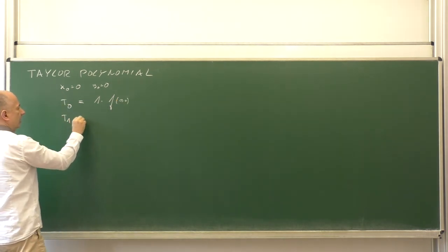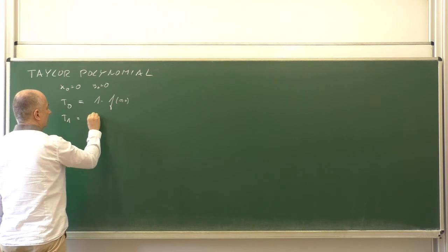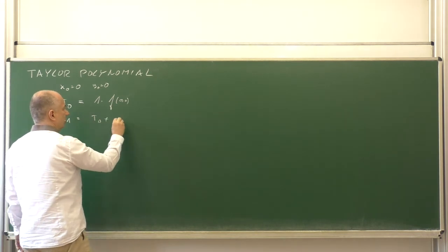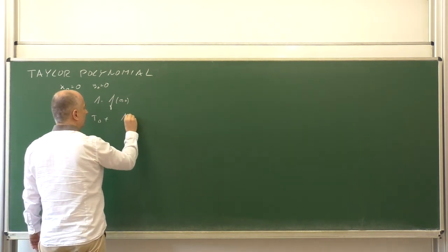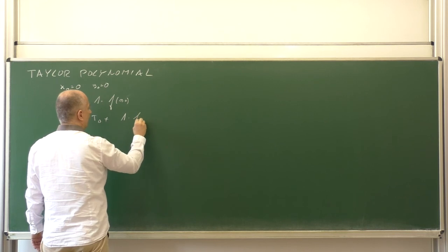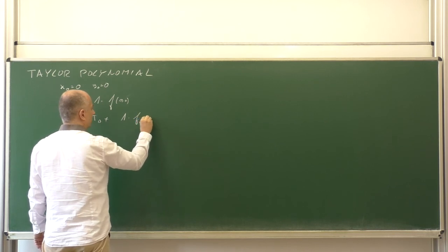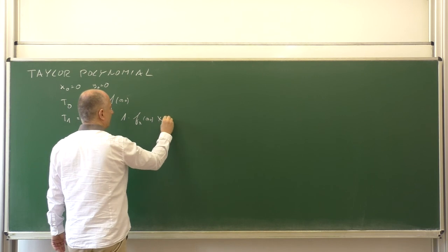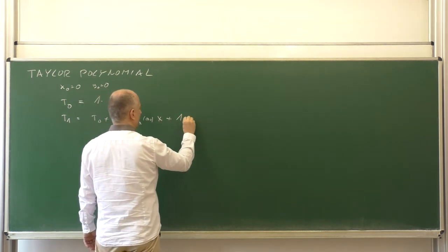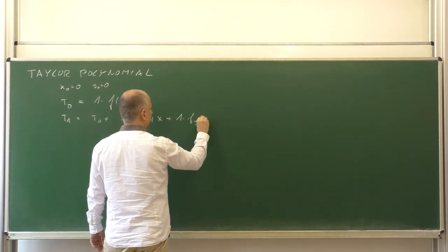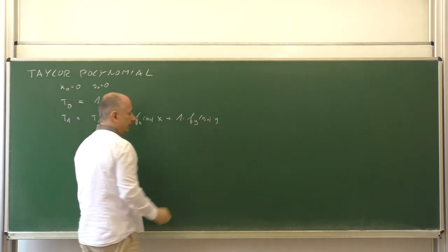Then we have seen that T1 was T0 plus 1 times fx at the point (0, 0) times x plus 1 times fy times y.